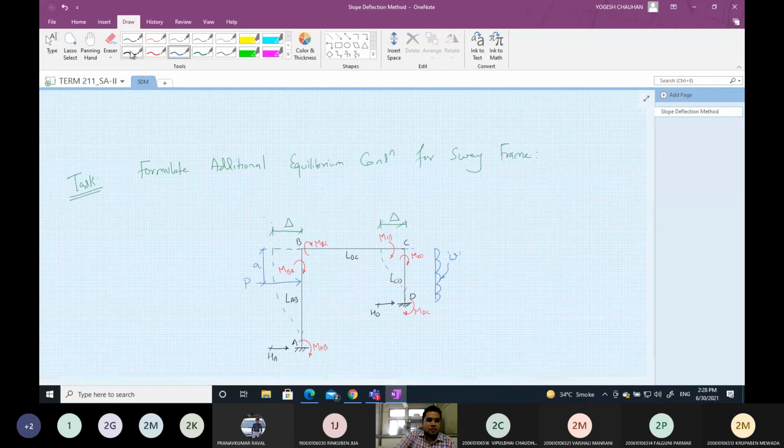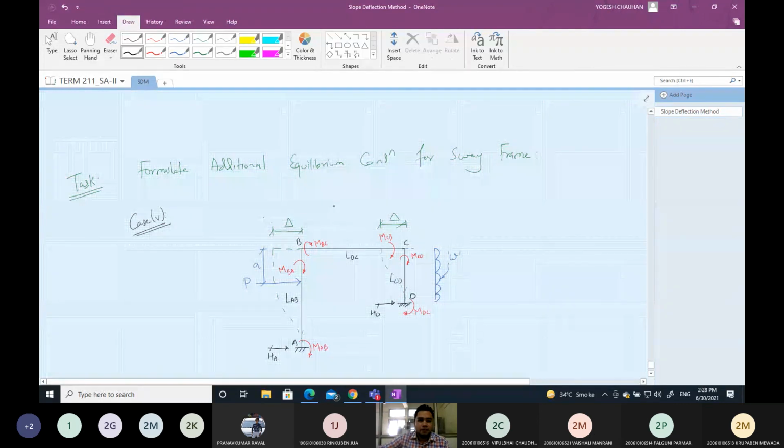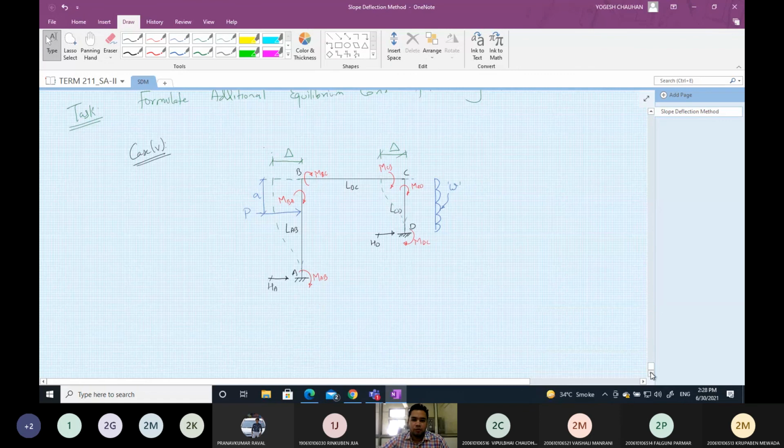So this is case 5, for which you have to formulate the additional equilibrium condition. This exercise will help you formulate the additional equilibrium conditions which we will be using for the non-sway frames.